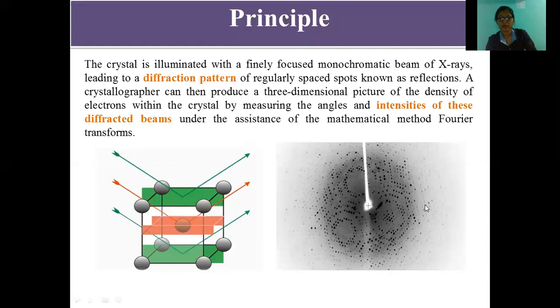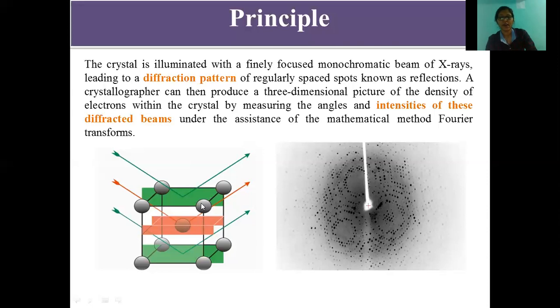So how is it obtained? It has a correlation with the density of electrons present in the orbital shell of the atom. Whatever atoms are present in the protein crystal carry electrons in their orbits.